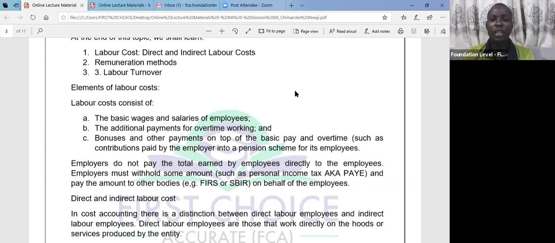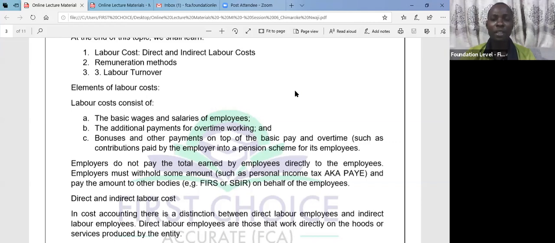It is deducted at source. One of them is income tax, which we call pay as you earn. Every employee who has a contract for service, they get their pay deducted from source and paid to the government.